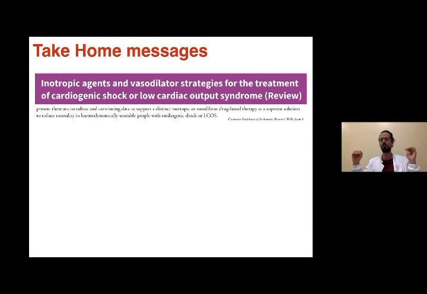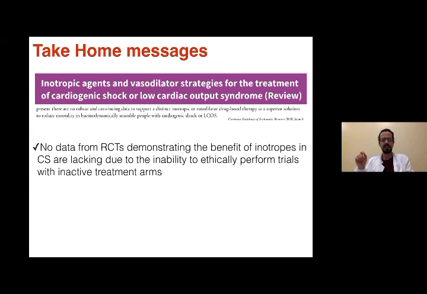We do know that dobutamine is the first choice, based on the small evidence that we do have. The problem is that there are no data from randomized controlled trials demonstrating the benefit of inotropes, because for ethical reasons there is no single trial using an inactive treatment arm in cardiogenic shock. There are no trials giving placebo to cardiogenic shock patients because it's considered ethically unacceptable.